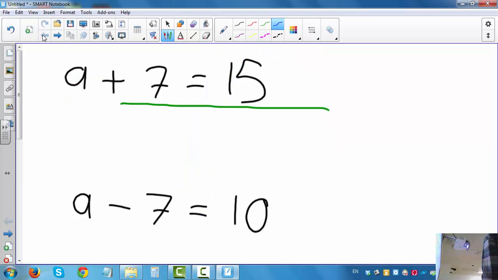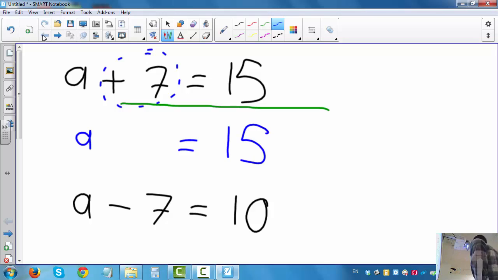A plus 7, I am looking at plus. This is addition. So I have blue color on. So I'm not gonna touch A. I'm not gonna touch the equation sign. I am not gonna touch the 15. But the 7, I said this is gonna go.